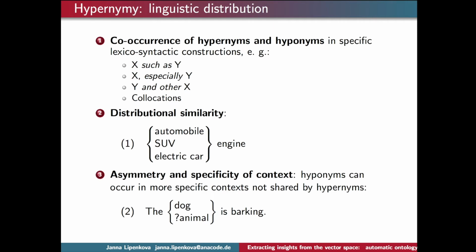If we have a context like engine and we know that it can co-occur with automobile very naturally, then we can as well look at the hyponyms of automobile such as SUV, such as electric car, and we can predict with a very high probability that these words are also likely to occur in the context of engine.